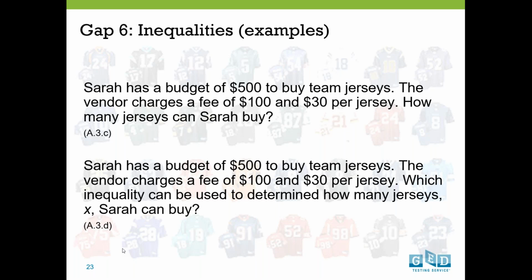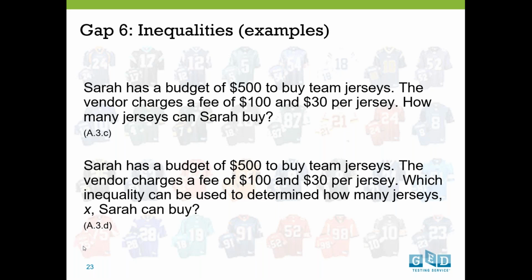This is also something that we do in 8.2 with equations where the answers come out exact, or we come out with something like 8.2 gallons, because you can have 0.2 of a gallon. You just can't have 0.2 of a jersey. The second example uses the same setup, but instead of asking for a number answer, we're asking them to write an inequality that can model this situation.